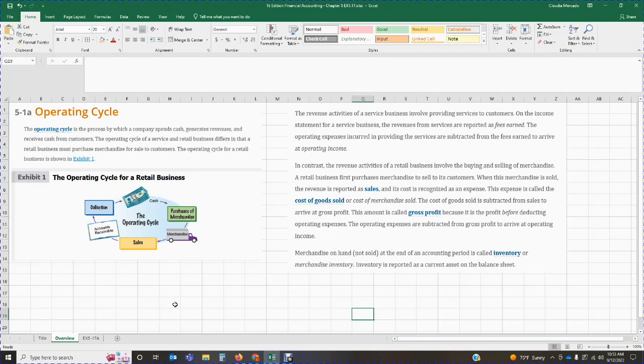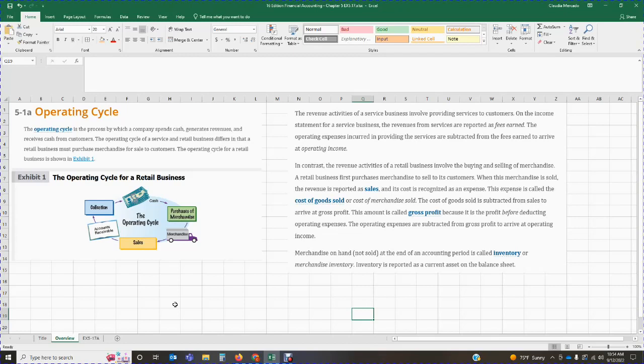Those people that fix your AC units, all of those, they provide a service to you, okay? On the income statement, the revenues were reported as fees earned, okay? We provided a service, we collected some kind of fee, okay? The operating expenses incurred in providing the services are subtracted from the fees earned to arrive at our operating income.